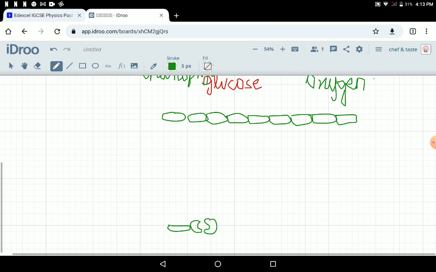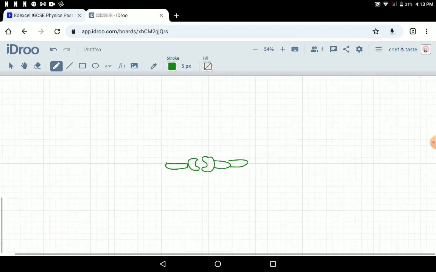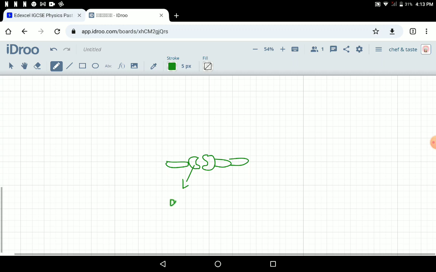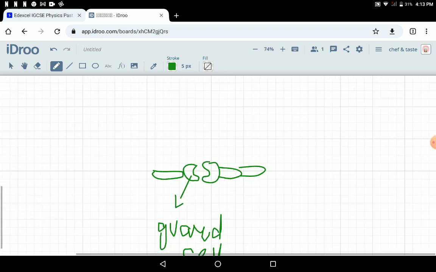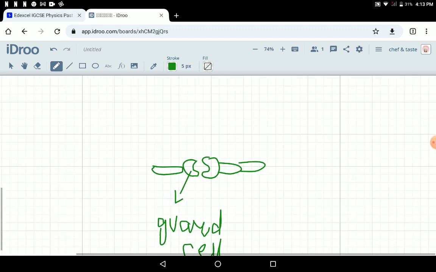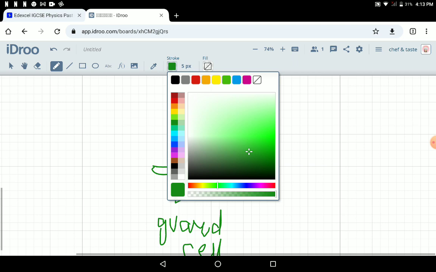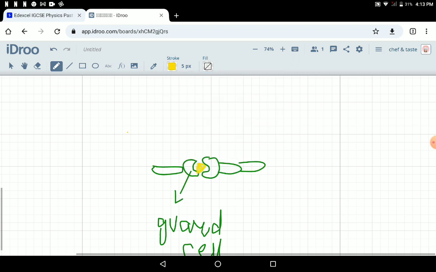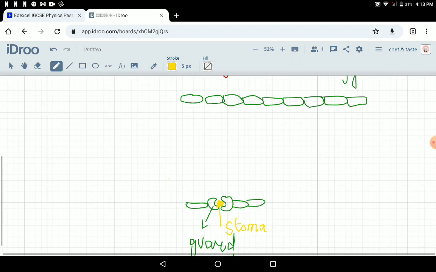Stoma is the opening between the guard cells. These kidney shaped cells are guard cells. We always find a pair of guard cells, and the opening between the guard cells is called a stoma. Singular is stoma, plural is stomata.